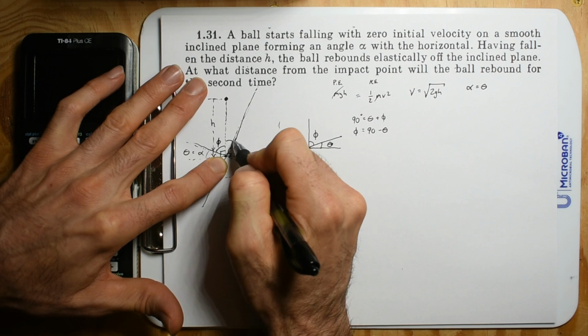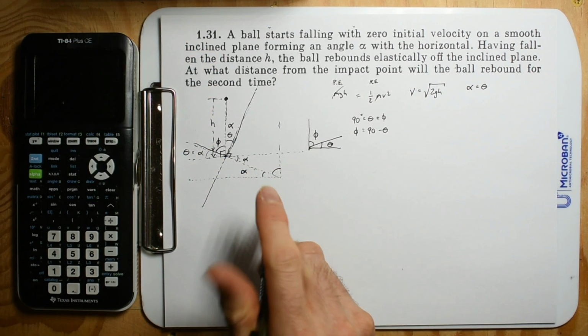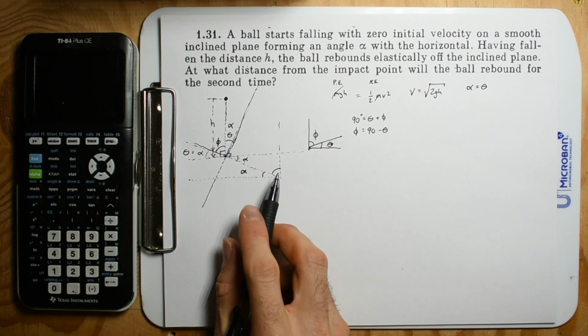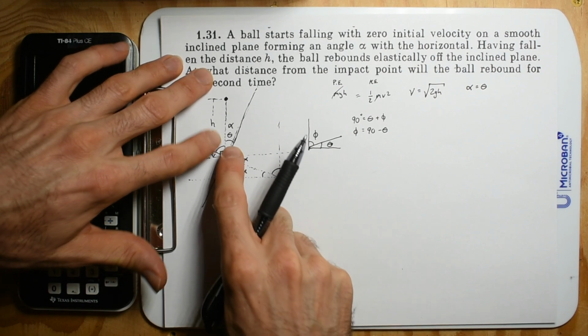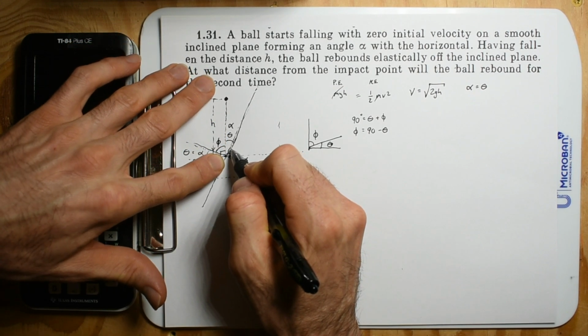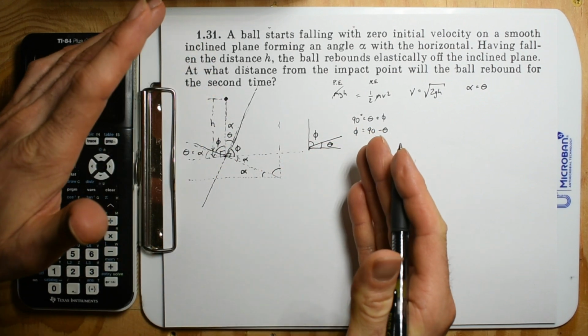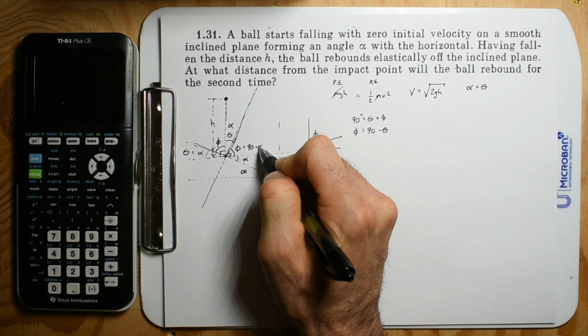Therefore, this must be theta, and this must be alpha, because we're saying that alpha is equal to theta. Then this angle right here is also phi, it is going to be 90 minus alpha.